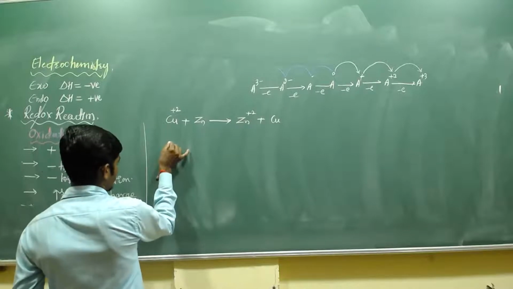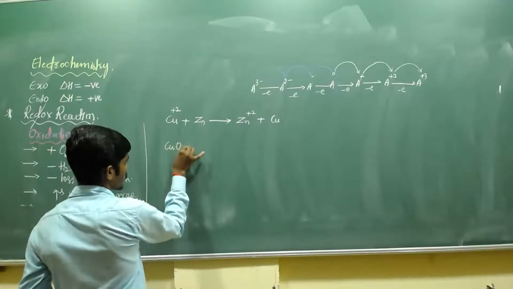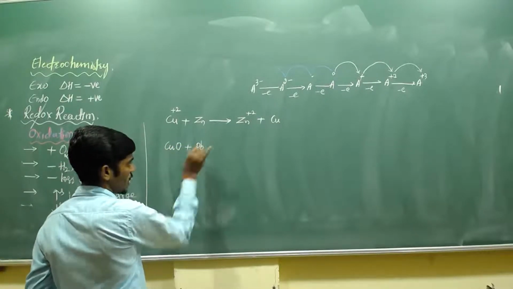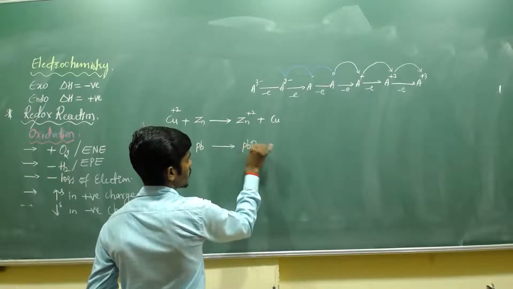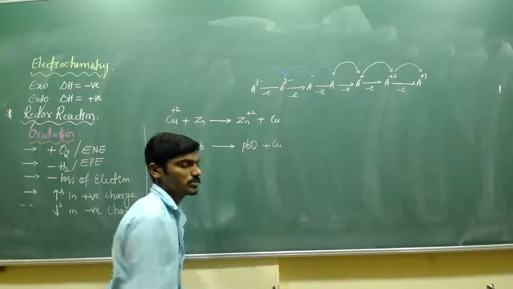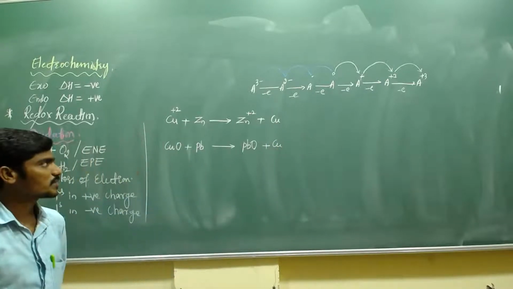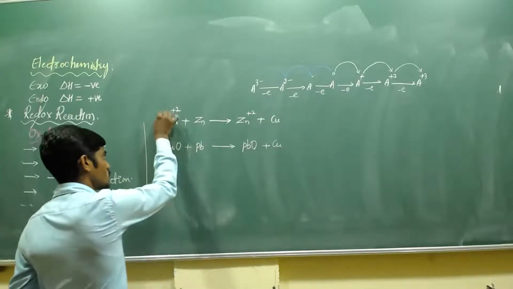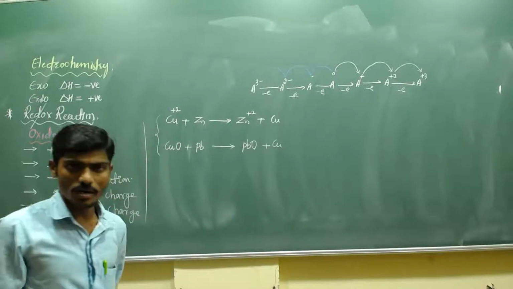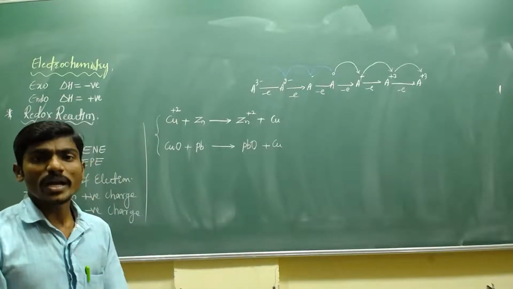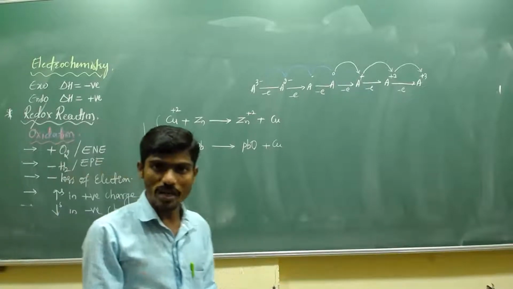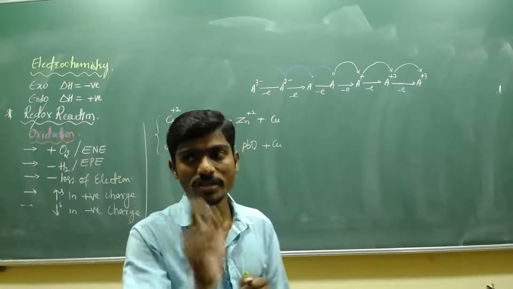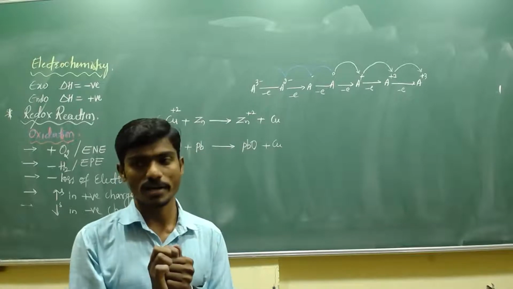Next example, copper oxide plus lead gives lead oxide plus copper. I will do just these two examples. Both of these reactions are redox reactions. You can identify which substance undergoes oxidation and which undergoes reduction.